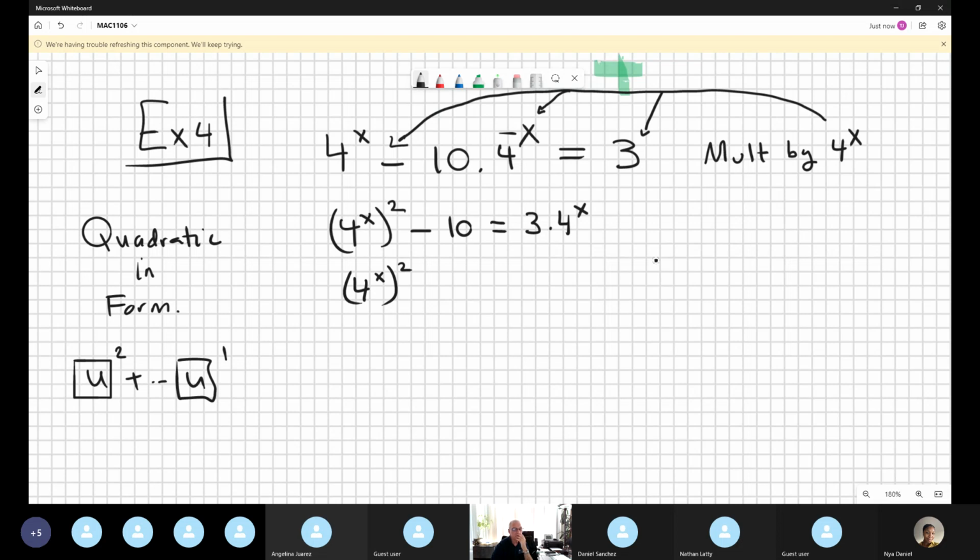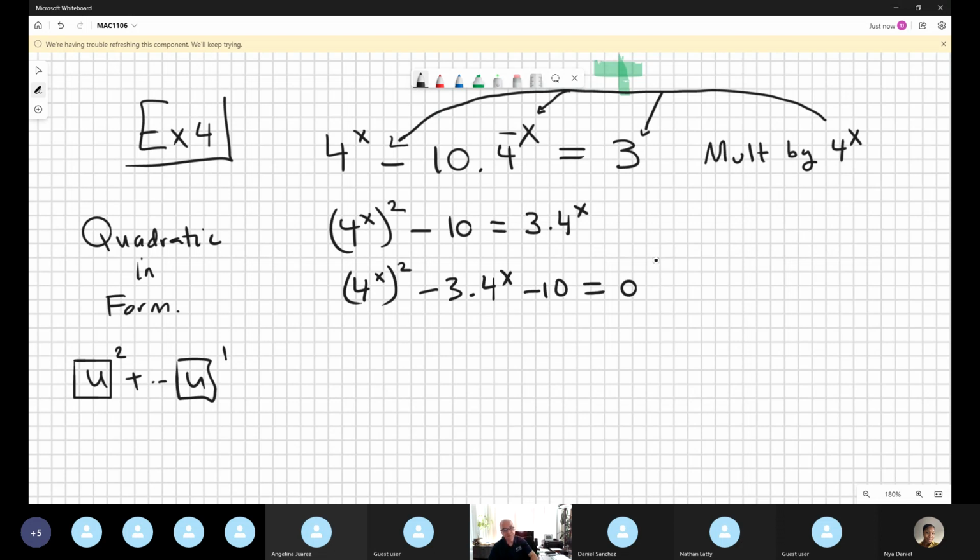This is u squared, and this is u, and you convert it to quadratic. So actually, this equation is not quadratic. This equation is exponential. However, I can transform it to a quadratic equation using u substitution. How? You copy now minus 3 times 4 to the x minus 10 equals 0.